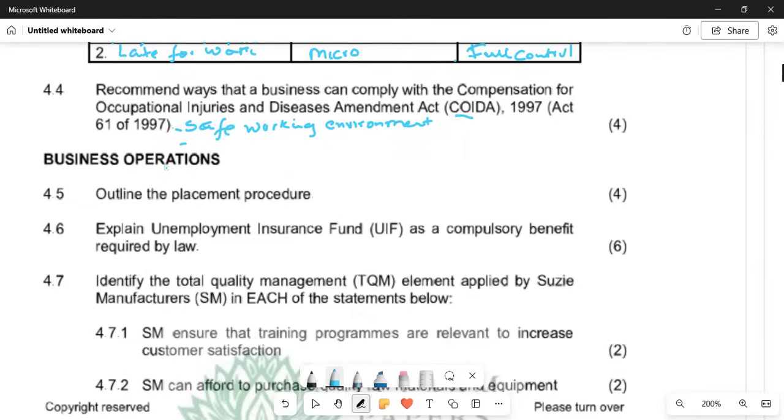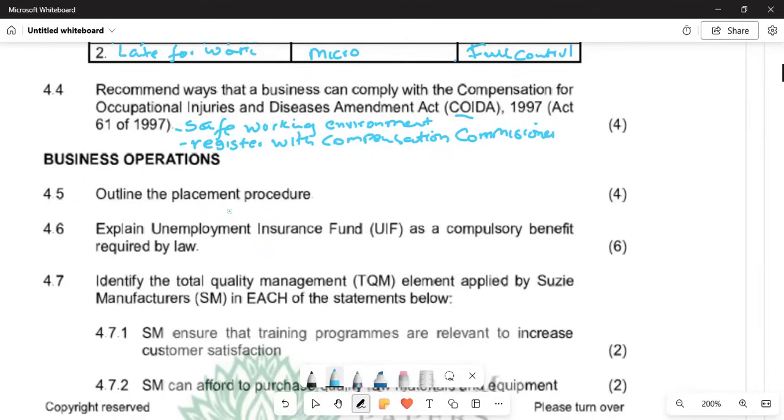Also, for them to comply, they have to register with the Compensation Commissioner. They have to provide particulars of the business, so it's very important to do that.